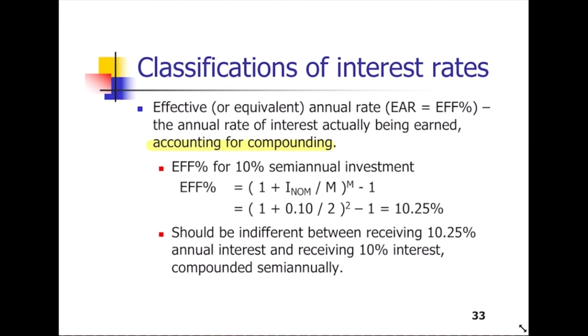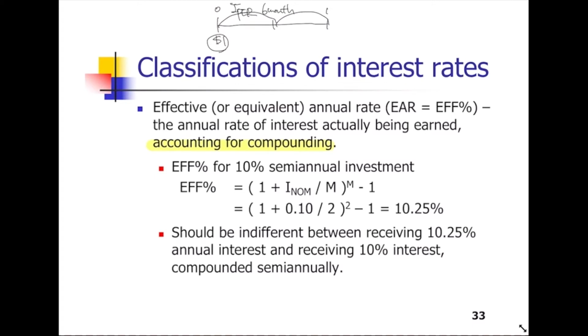Let's say we have $1 today. Let's draw our timeline. And the semi-annual investment. So at 6 months, this money compounds 1 time and 2 times. And on the timeline, there is the period rate.